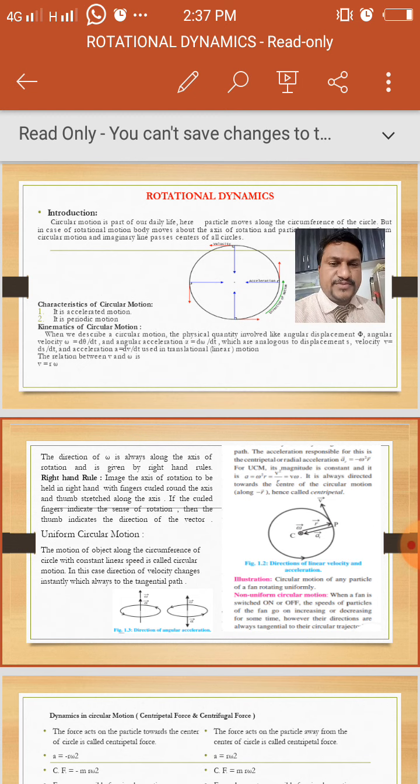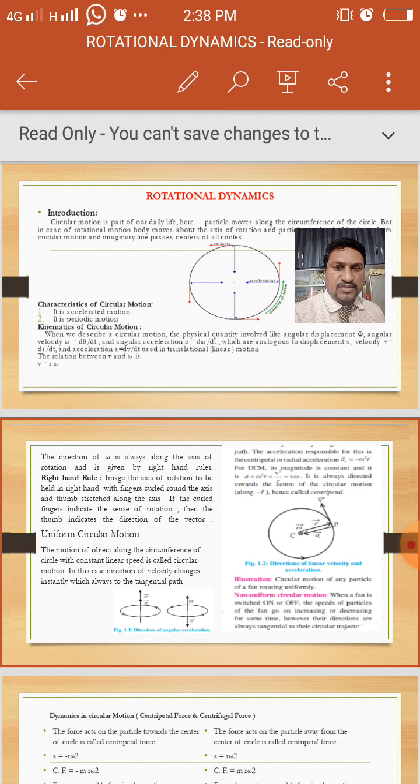What is meant by dynamics? Dynamics is a branch of mechanics in which we deal with the study of motion of objects. The name of that branch is mechanics, and mechanics is again classified into three categories: number one, kinematics, number two, dynamics, and number three, statics.